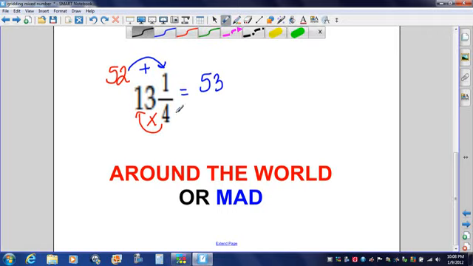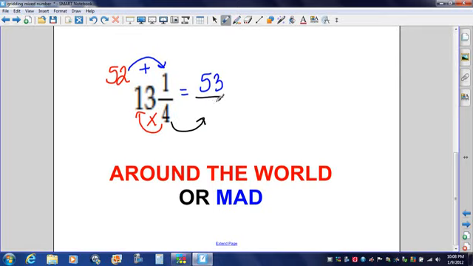My denominator is 4. My denominator stays the same, so it would be 53 over 4. So very quickly, I did 4 times 13, or commutative property, 13 times 4. Nice vocabulary word. The Bears.